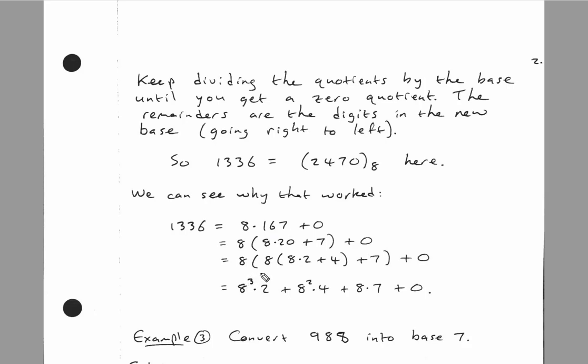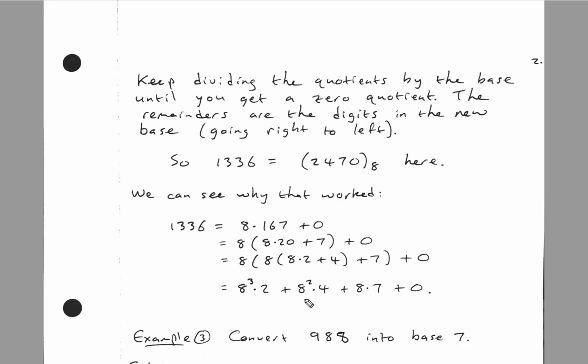And then if we expand this out, keep all these 8s. So it's 8 times 8 times 8 times 2. This 4 is just getting multiplied by these two 8s. The 7 is just getting multiplied by one 8. All right, so that's our base 8 representation.